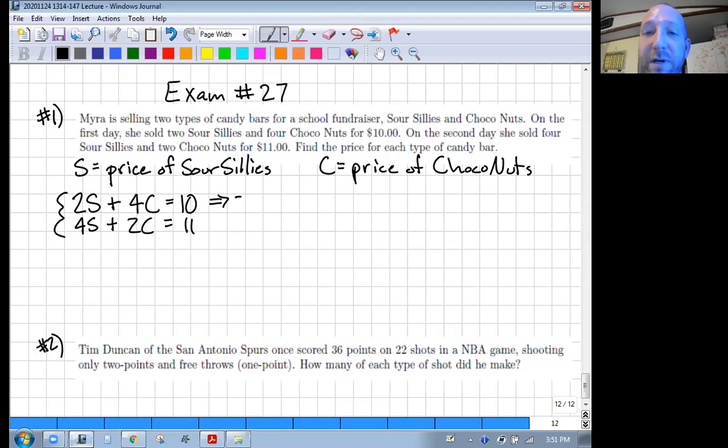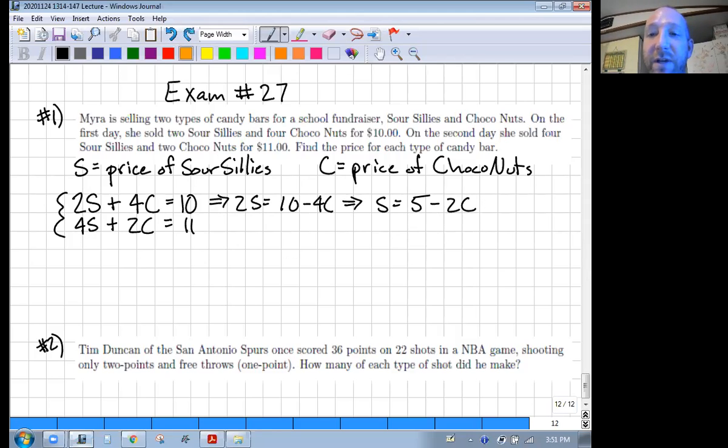We got 2S is 10 minus 4C. So S would be, divide everything by 2, 10 divided by 2 is 5, 4 divided by 2 is 2. So now that we know what S is in terms of C, we plug that in over here.